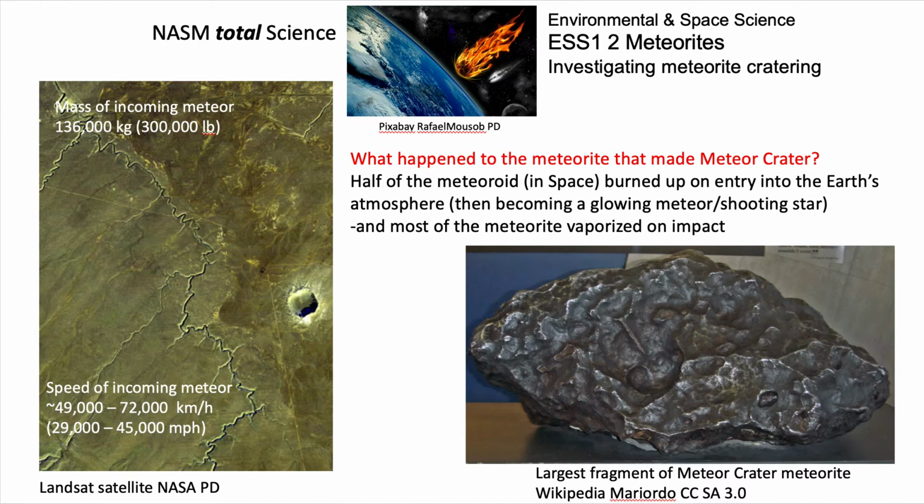With the meteorite travelling at high speed through space, as it hits the atmosphere, half of it will have disappeared. But then that glowing mass coming through the atmosphere, the meteor, hits the ground, becomes then a meteorite, and most of the meteorite was vaporized on contact, but you still can find some fragments.